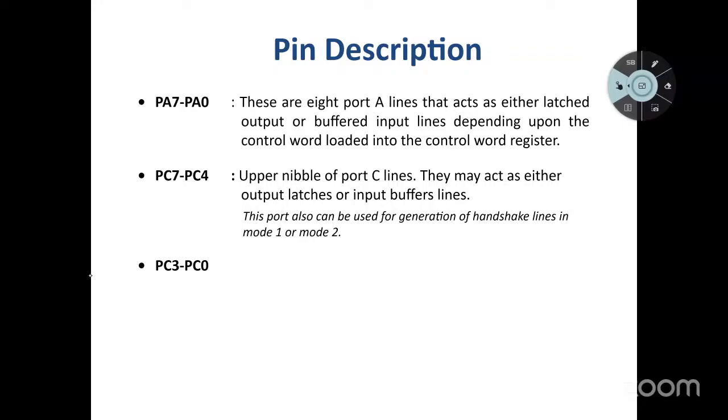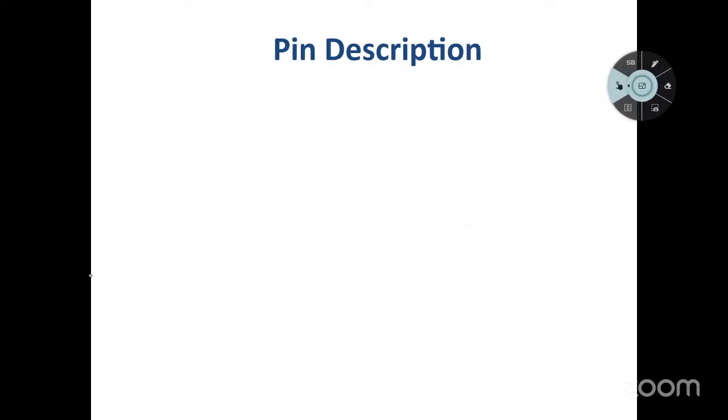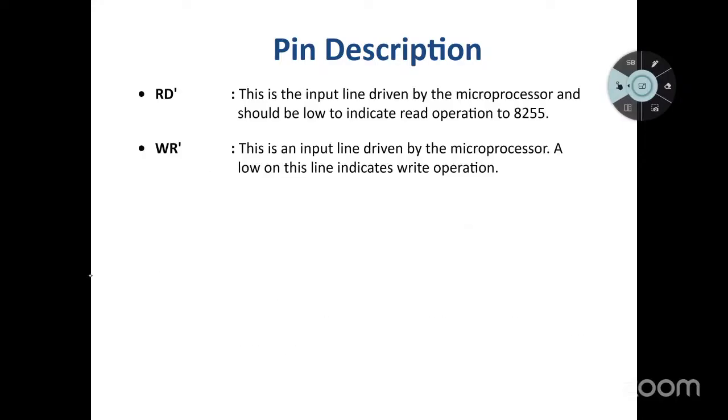Okay. The PA0 to PA7 total 8 lines. PC4 to PC7 is 4, plus PC0 to PC3 is 4, so 16 plus 8 total 24. The remaining lines are the bar pins.